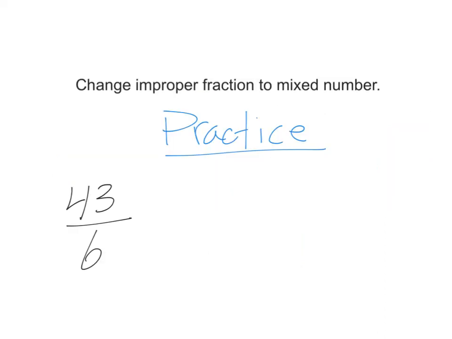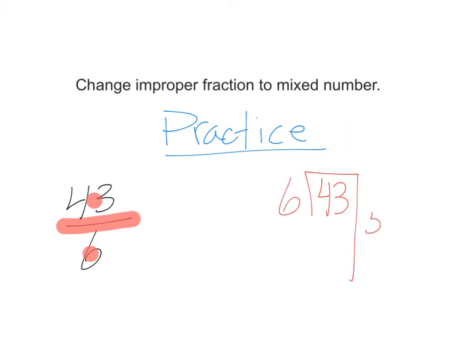We're going to do a couple practice problems together. We have 43 over 6. Using your scrap paper, pause the video and try to use division to find the mixed number. I am going to start solving now. So I remember that my fraction bar represents division. So I have 43 divided by 6.